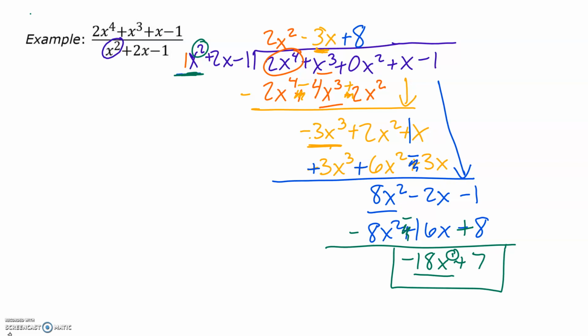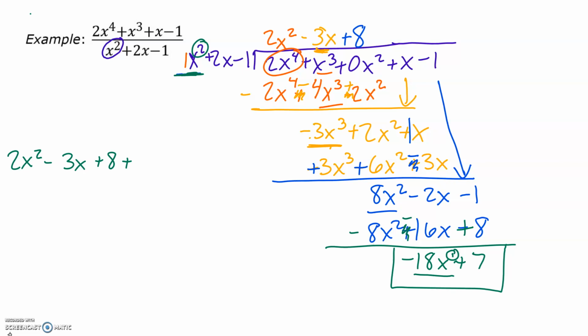The way that you would write that algebraically is 2x squared minus 3x plus 8, plus our remainder. Our remainder in this case is negative 18x plus 7. The reason I have plus is because if I wrote negative, then it would distribute to that 7.